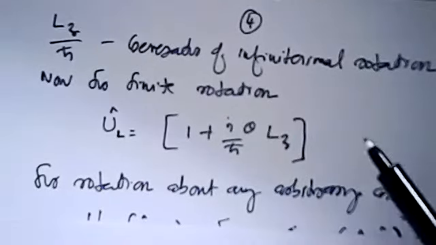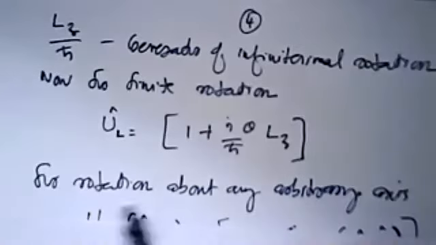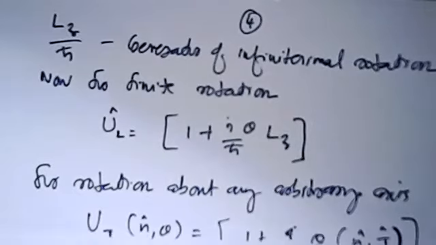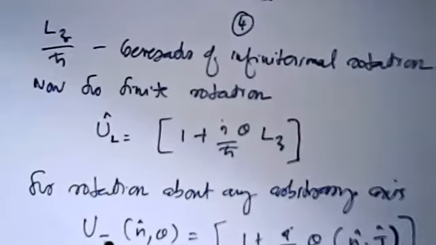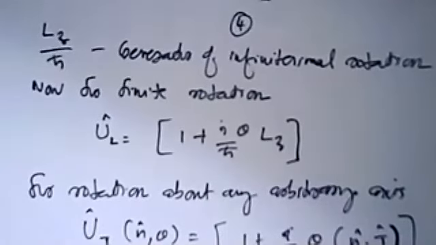Now for any arbitrary axis x, y or z, generally you call it n axis rotation. For a rotation about an arbitrary axis, this U_J.